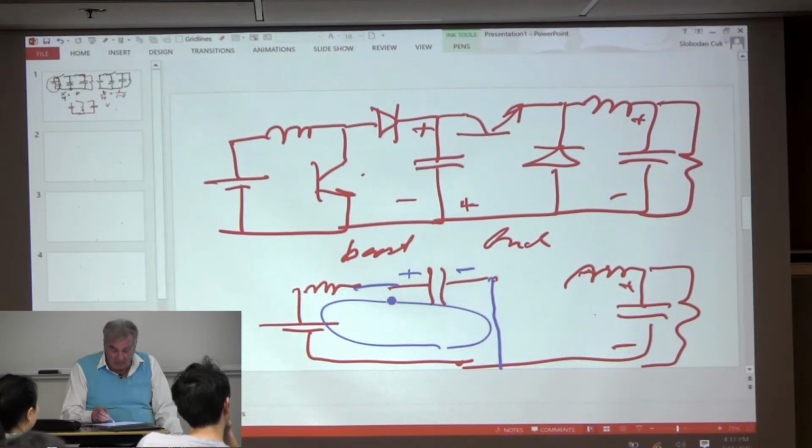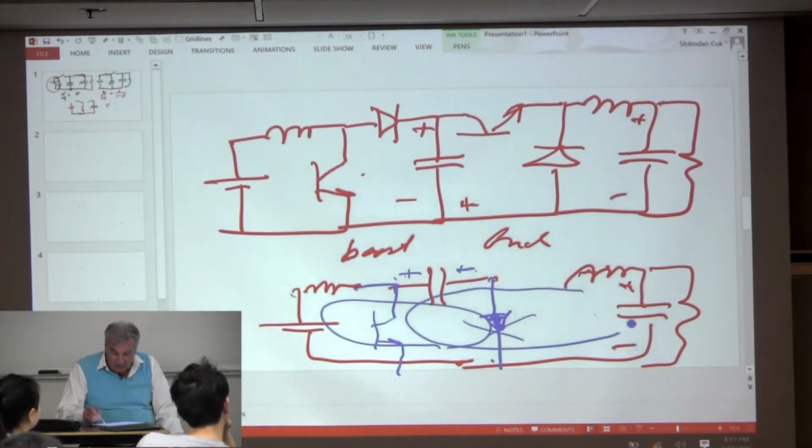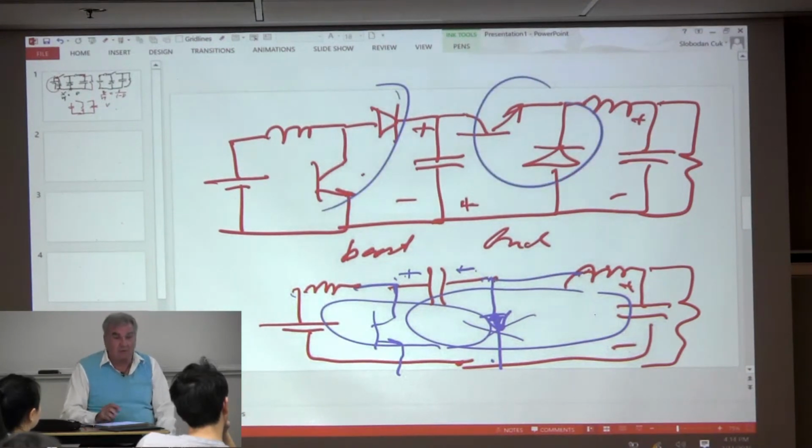And this diode will automatically, positive input voltage will forward bias the diode and connect it this way. And guess what? I put a transistor here. This guy was charged plus minus, and when you connect a plus to the ground, this negative voltage reverse biases the diode, turns it off, and what will it do? Discharge this way. Voila. 4 switches are now just 2 switches.